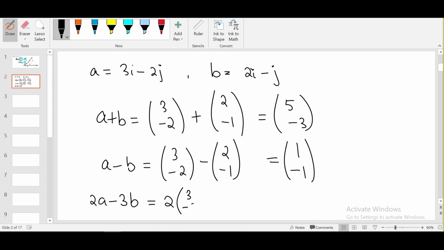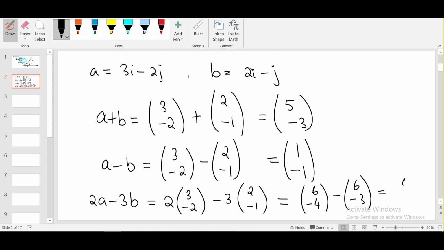You put 2 outside on vector A, 3 outside on vector B. First vector you multiply by 2, you get 6 and minus 4, right? The second vector, you multiply each component by 3: 6 and negative 3. So 6 minus 6 is 0, minus 4 plus 3 is minus 1. This is how you apply the arithmetic operations on vectors. You add or subtract the corresponding elements. When there is a scalar outside, you multiply the scalar with both elements and simplify.